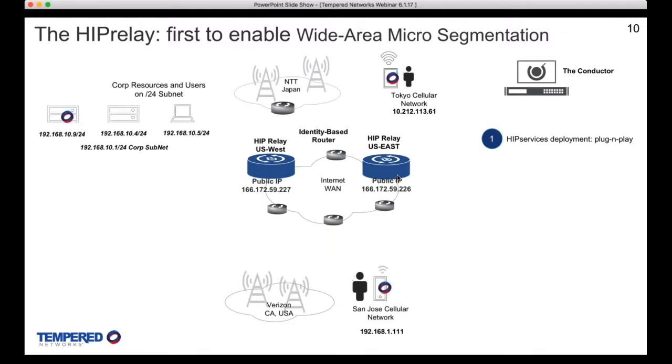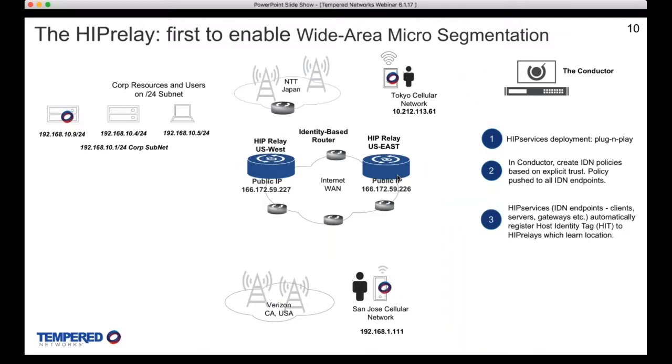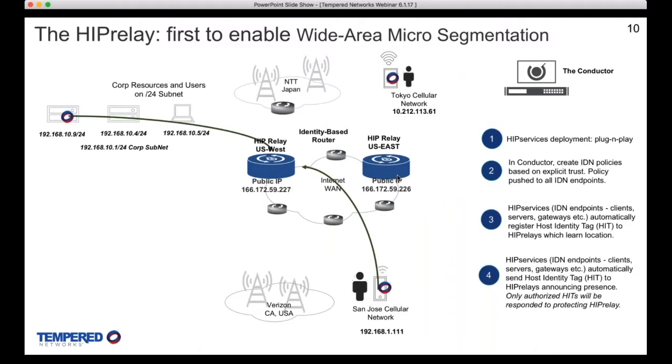But once the conductor, or orchestration engine, and you set policy, and I'll show you what setting policy is and how simple it is to do, you set the trust relationships. The conductor distributes that policy out to all the connected endpoints, and now you've got established trust. And these endpoints will register themselves outbound to the HIP relay or a cluster of HIP relays, and the HIP relay learns and says, yes, this is a trust relationship that is allowed.